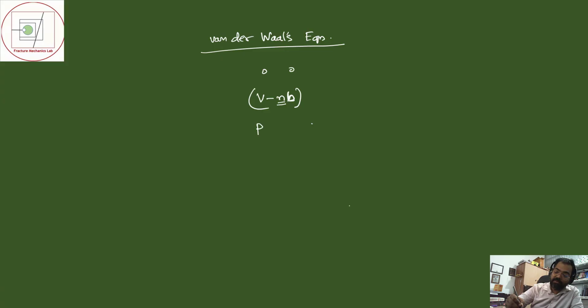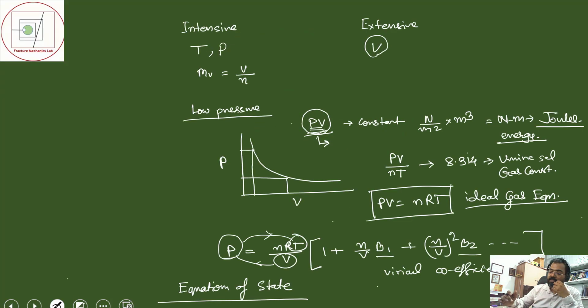So pressure is given by nRT divided by V minus NB, plus N by V whole square. The N by V whole square is there because, with moles per unit volume, when two atoms are interacting with each other, the probability of interaction is proportional to N by V square. That's why in this expression you get other terms like N by V whole cube and so on. So you have three atoms interaction, four atoms interaction, and so on.